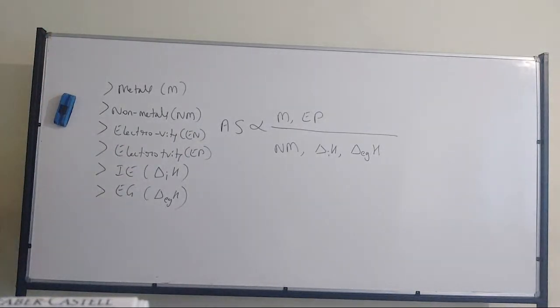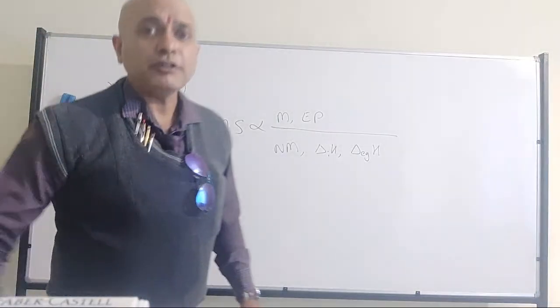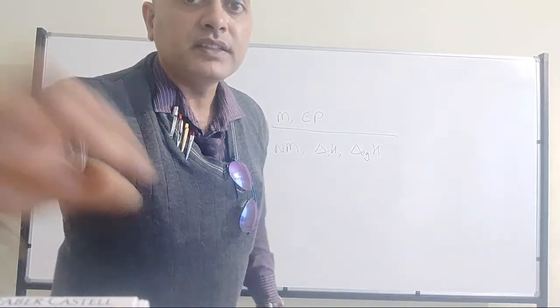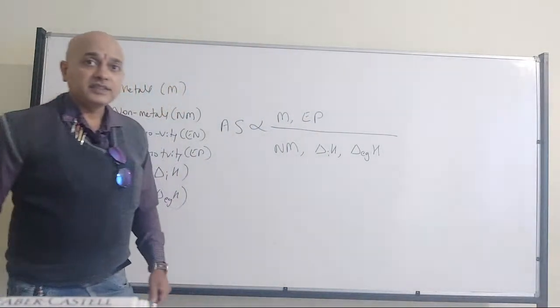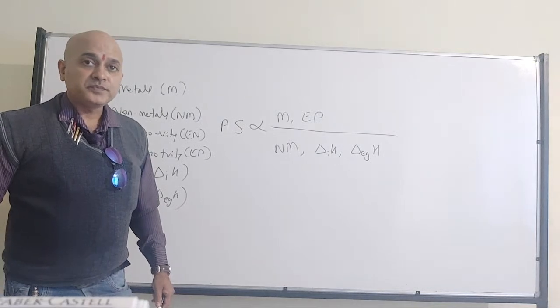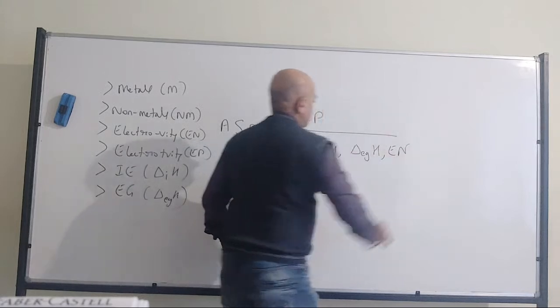What else is left over? So left over is electronegativity. Electronegativity, where does it come, denominator or numerator? Naturally it should come in the denominator. Right?